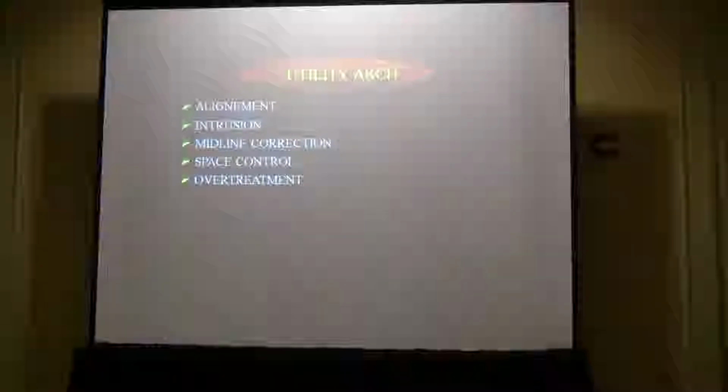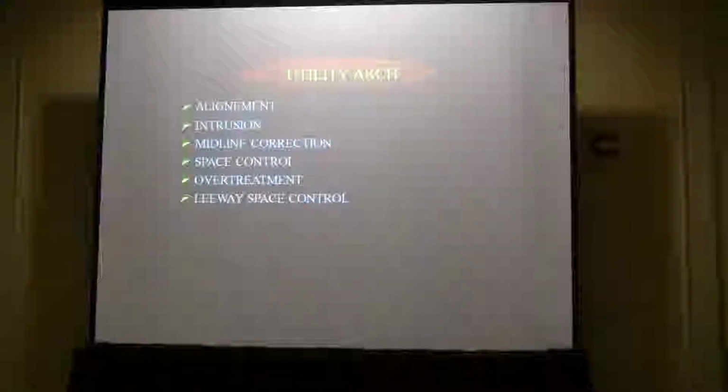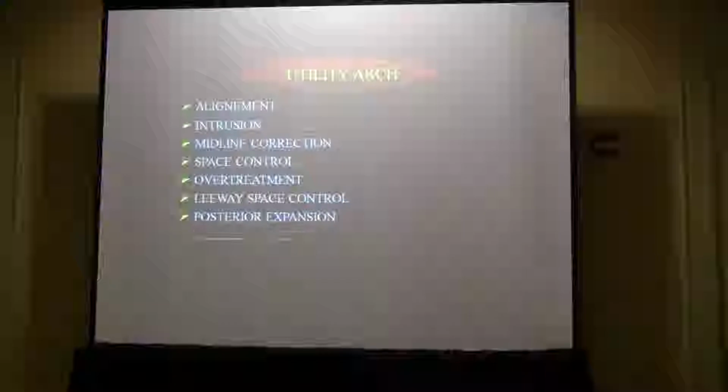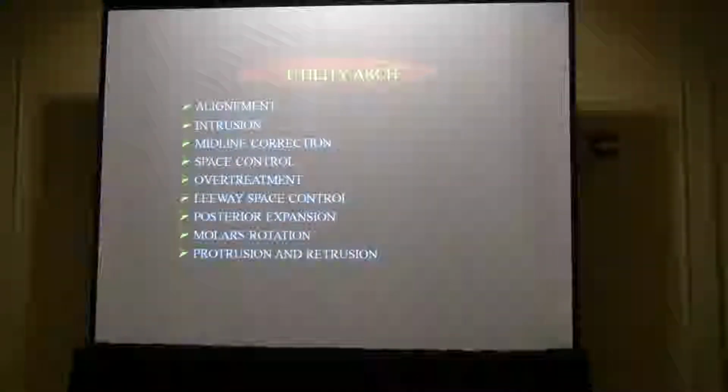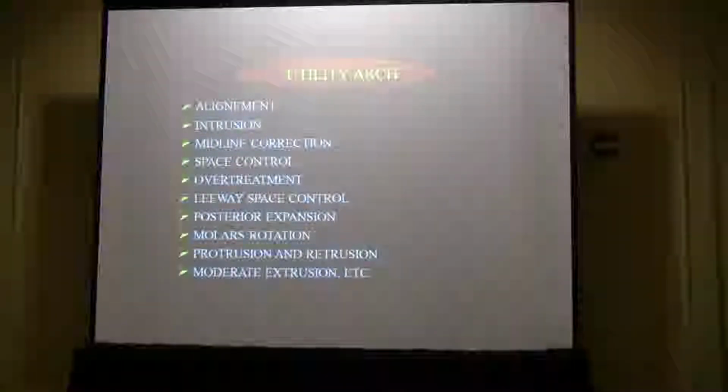To talk about utility arch is to talk about alignment, intrusion, midline correction, space control, over-treatment, leeway space control, posterior expansion, molar rotation, protrusion and retrusion, modelling extrusion, etc. And once again, we have to refer to three-dimensional unlocking of the malocclusion. That is the starting point toward the functional occlusion.